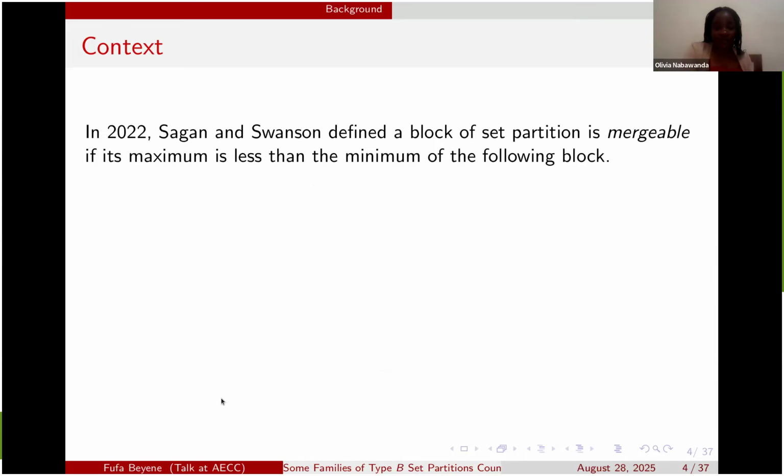Is it only me who has lost Fufa? I was wondering the same thing. I thought it's my network. Olivia, can you hear me? Yes, we can hear you. I think Fufa has left, let me try to reach him.